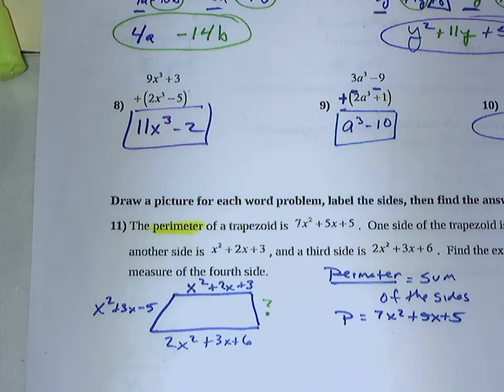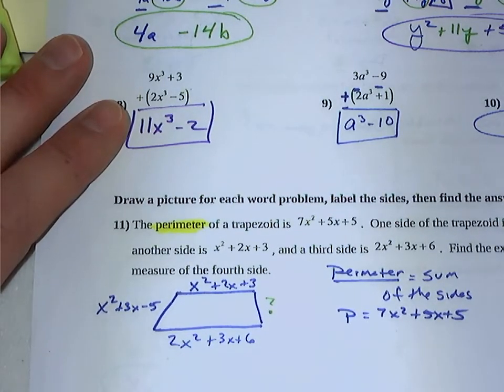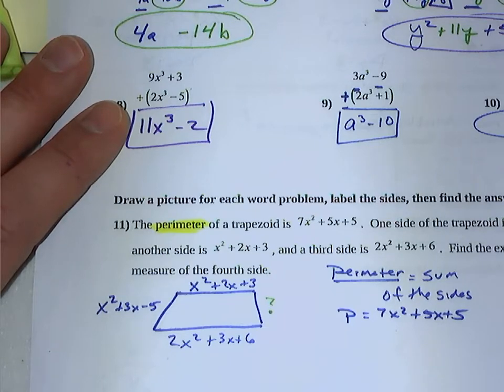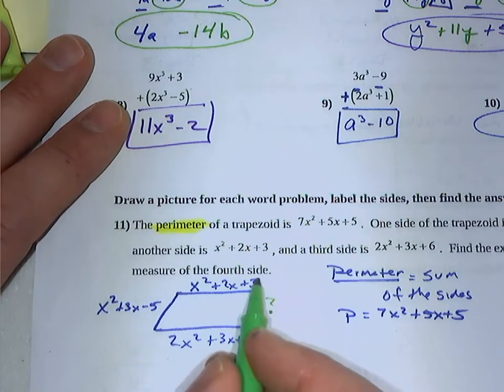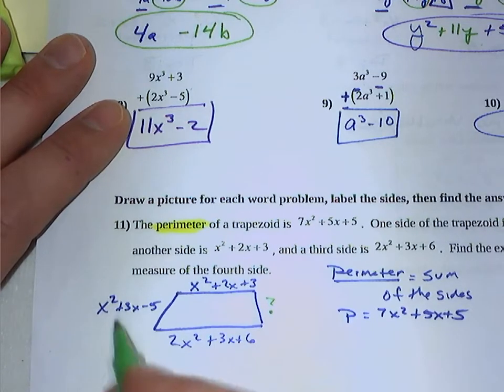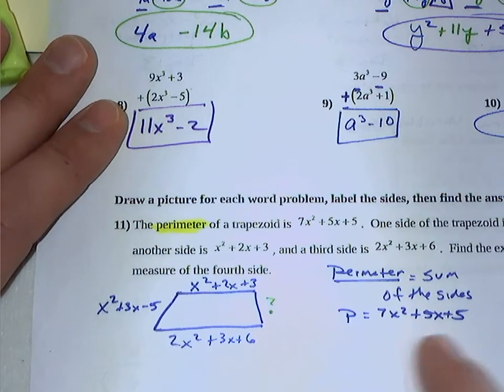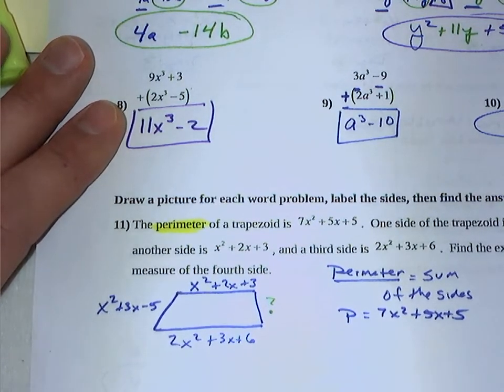Subtract from the total perimeter, 7x squared plus 5x plus 5. Okay. I think what Colton's saying is if we can add up all these like terms and subtract that from this, then I'll find out what's left. Doesn't that make sense?